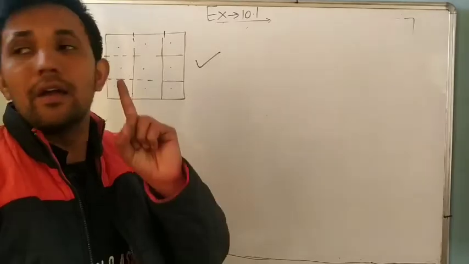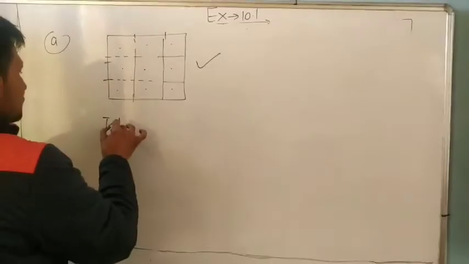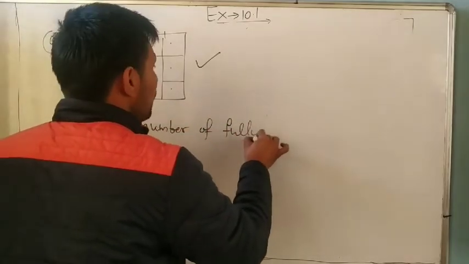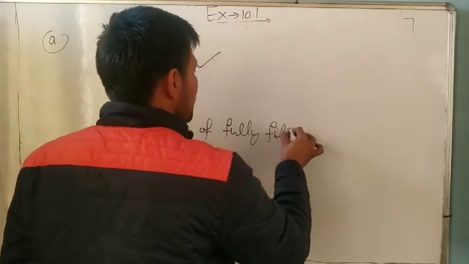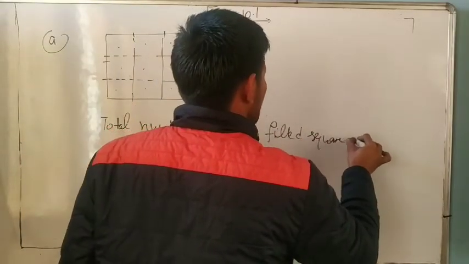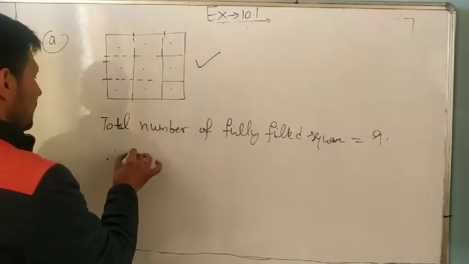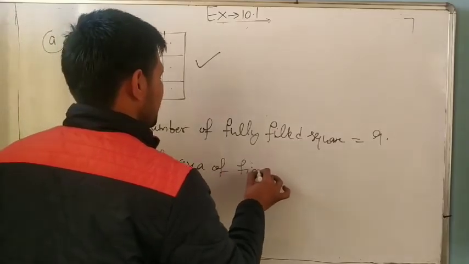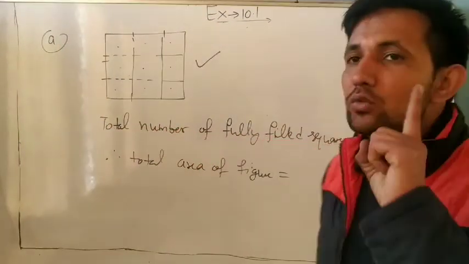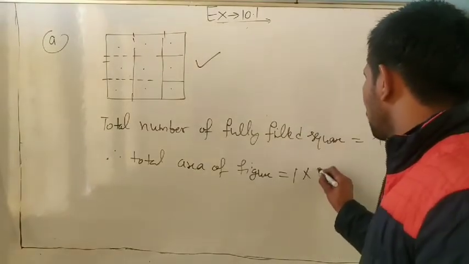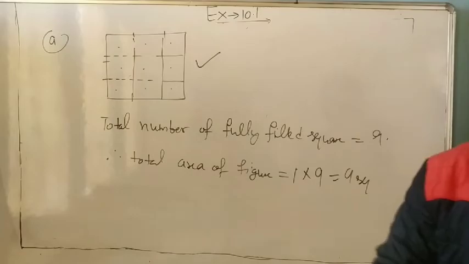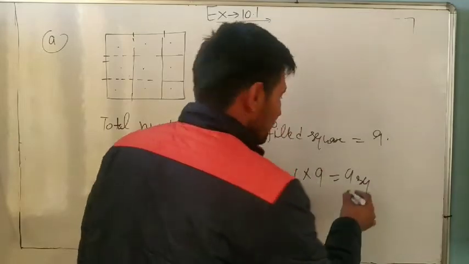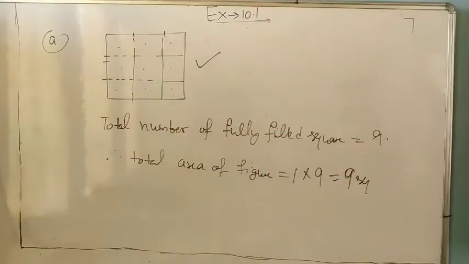So first we will write the total number of fully filled squares. These are full squares, fully filled squares. How much? 9. Therefore, the total area of the figure is how much? Because the area of a full square is 1, 1 into 9 is 9 square units.